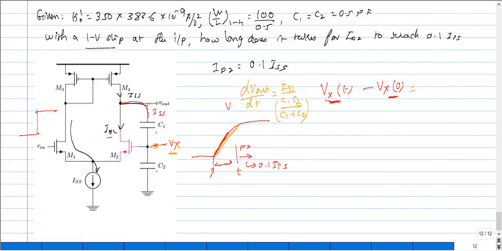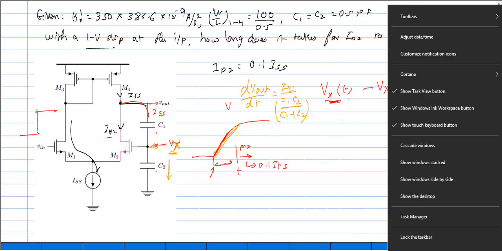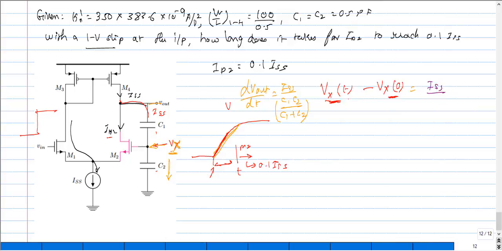The current that flows, or the voltage that creates this particular rise, is basically defined by the drop across this capacitor C2, right? So ISS, the current that is flowing across the capacitor C2, in order to change this node voltage from the previous value, which was Vx0, to Vx of t, okay?